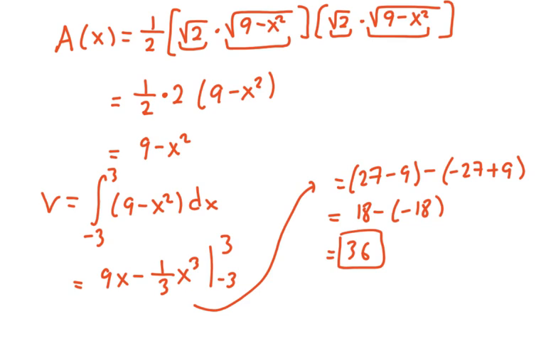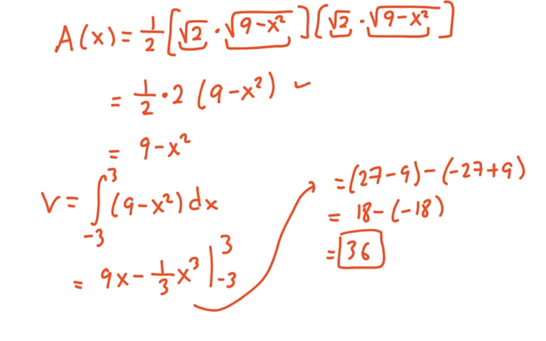So A of x is 1/2 the base times the height. The base and the height are exactly the same. So it's 1/2 square root of 2 times square root of 9 minus x squared, that's the base, times the height, which is square root of 2 times square root of 9 minus x squared.